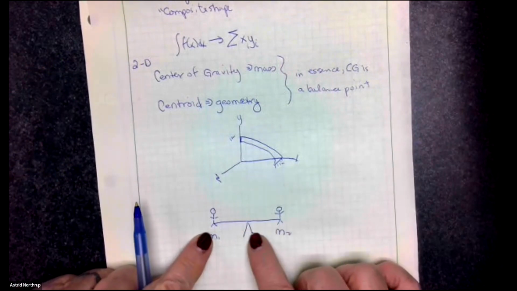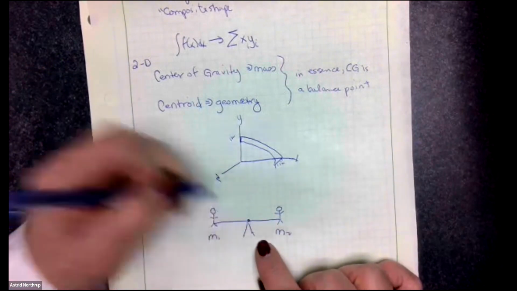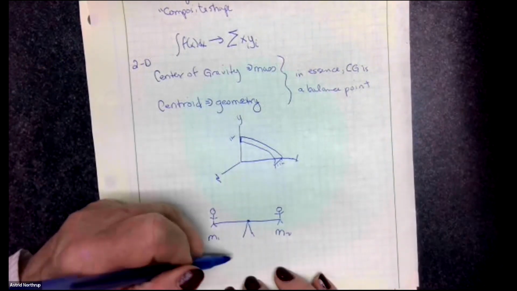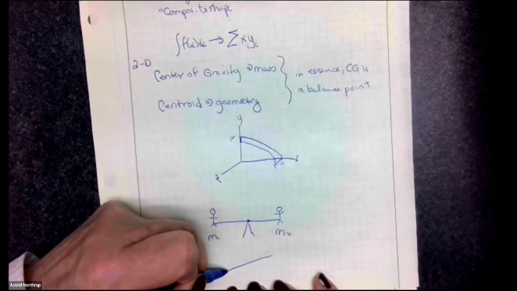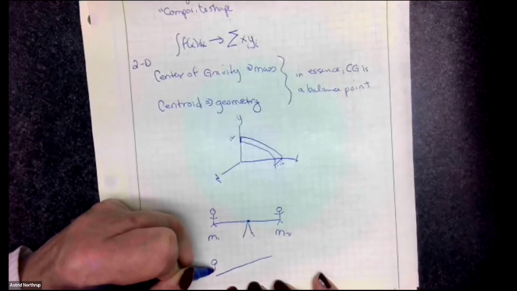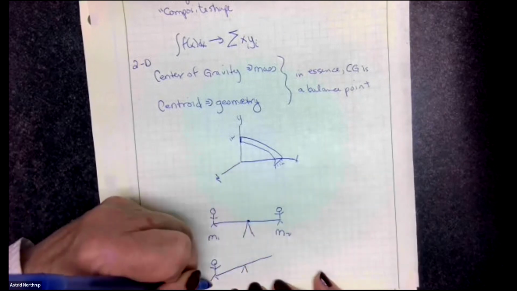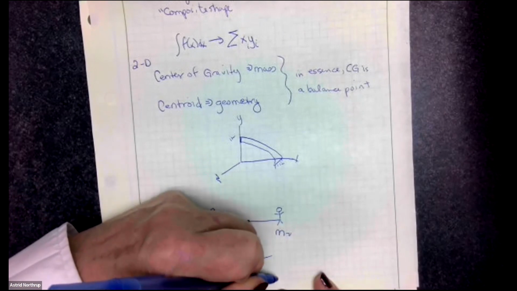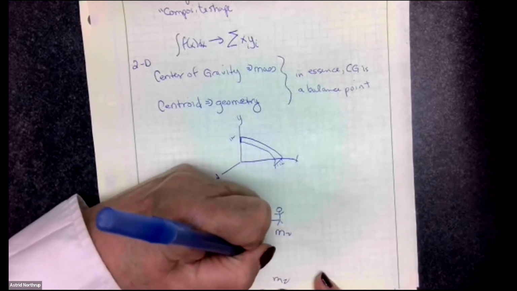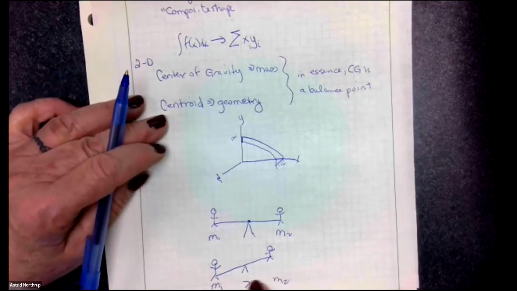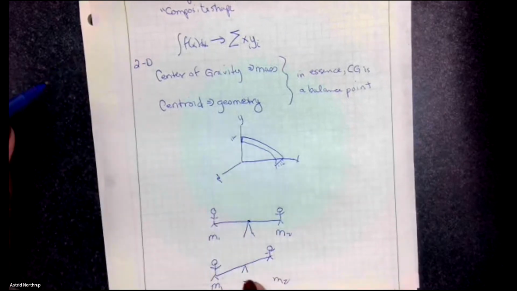If, on the other hand, child number 1 weighs more than child number 2, kind of a little bit bigger, mass 1 is greater than mass 2, what's going to happen is this will no longer be a balance point, but the balance point will slant down toward this child.